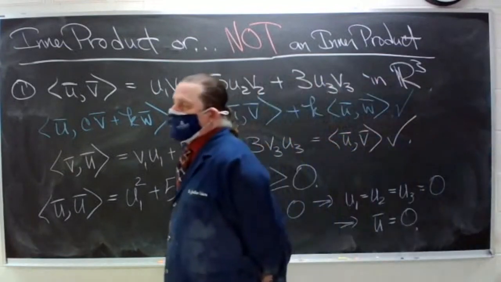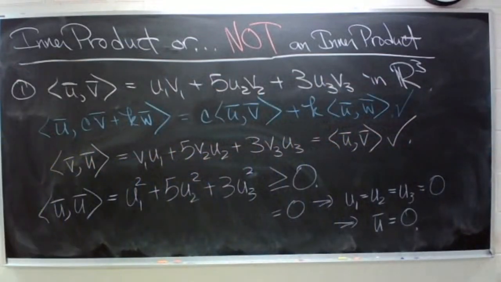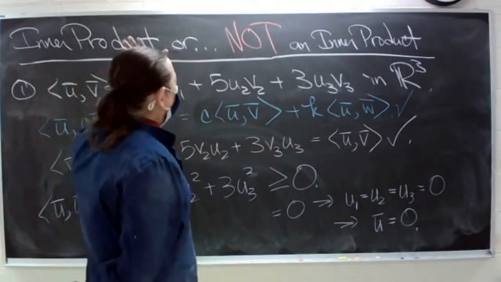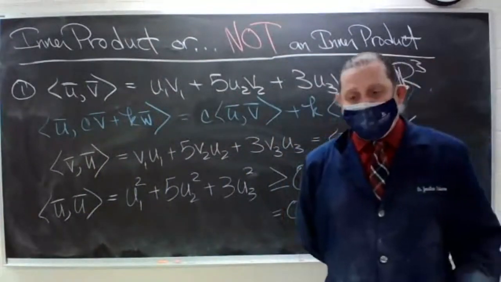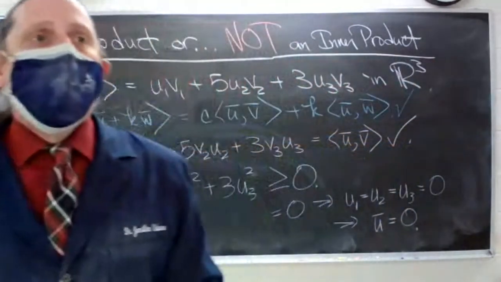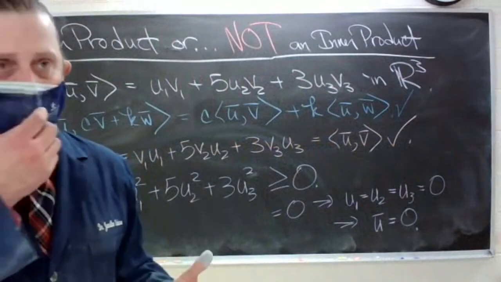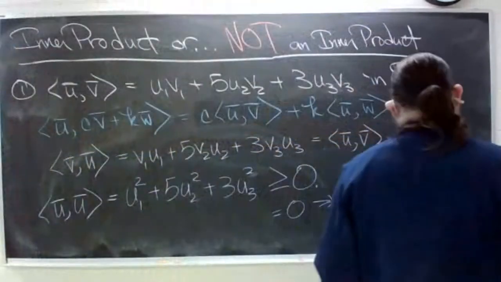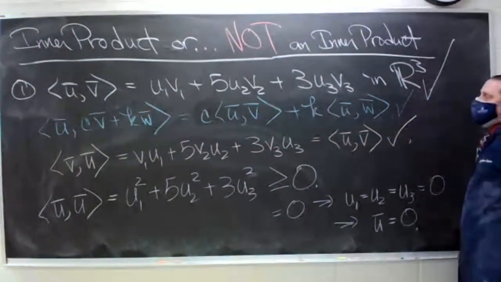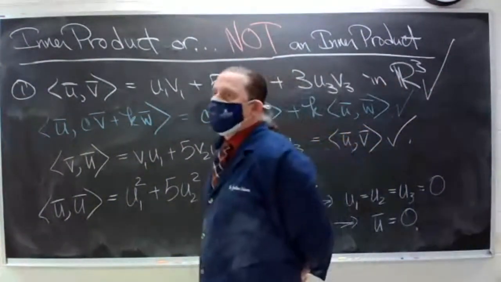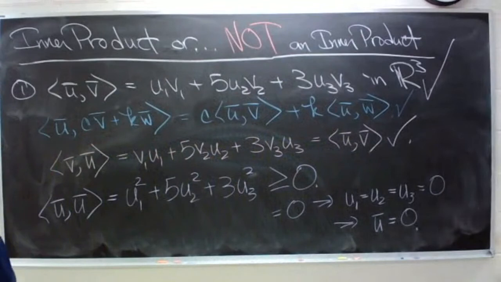And that implies that u is just the 0 vector. And that's what we wanted. So this candidate inner product satisfies all 3 properties defining an inner product, and it therefore does represent an inner product.